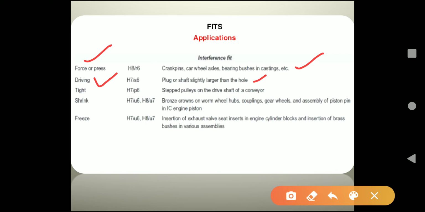Then tight fit, that is stepped pulleys on the drive shaft of a conveyor. Then shrink fit applications are bronze crowns on worm and worm hubs, then couplings, gear wheels and assembly of piston pin in IC engine pistons. Then finally the freeze interference fit: insertion of an exhaust valve seal insert in engine cylinder blocks and insertion of brass bushes in various assemblies.